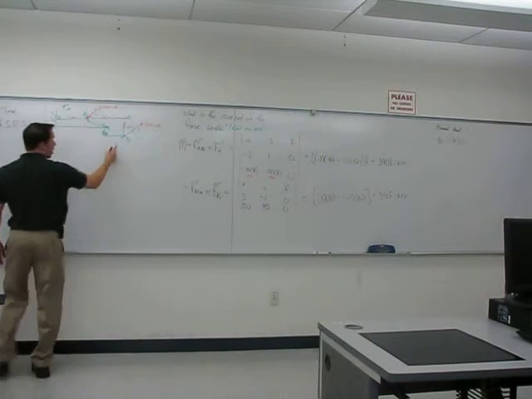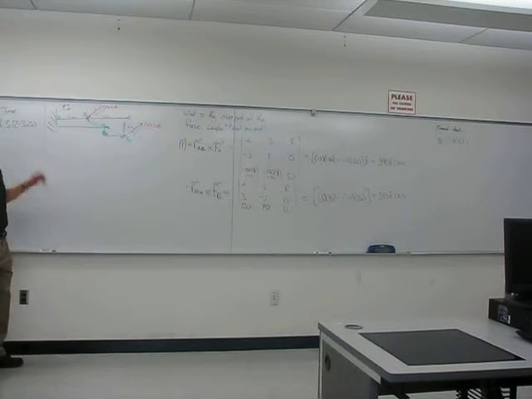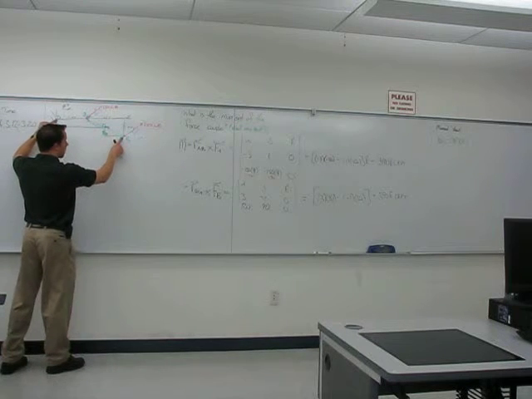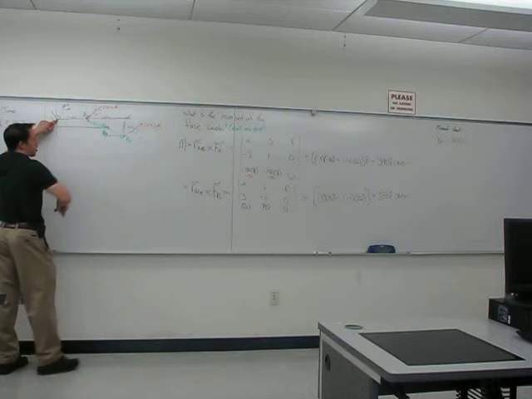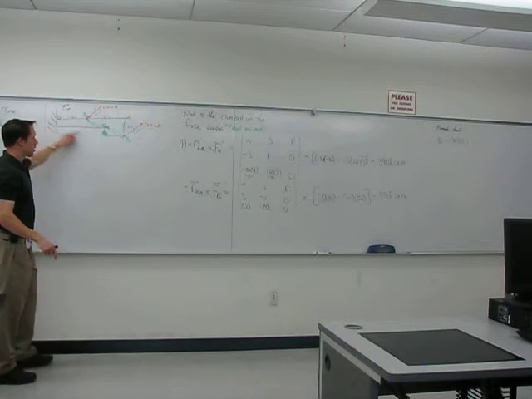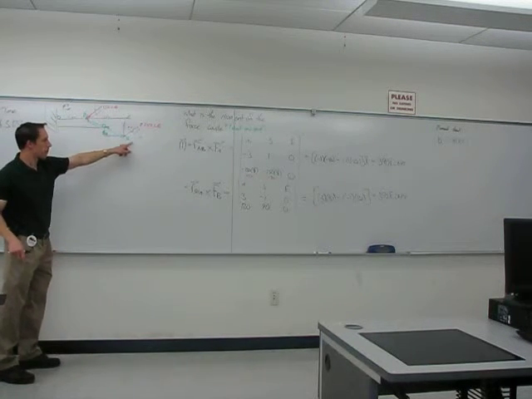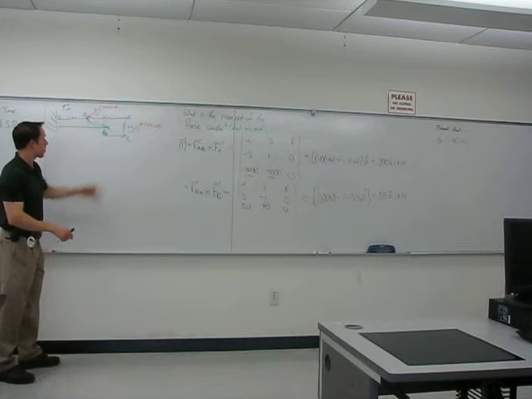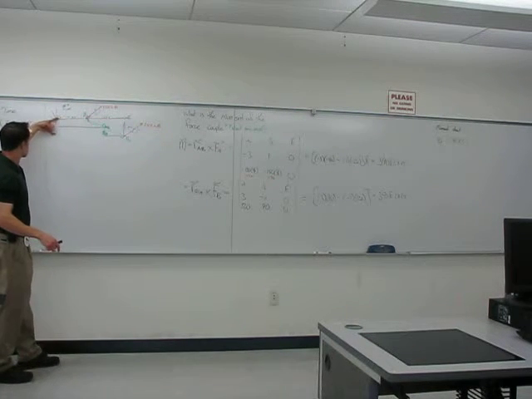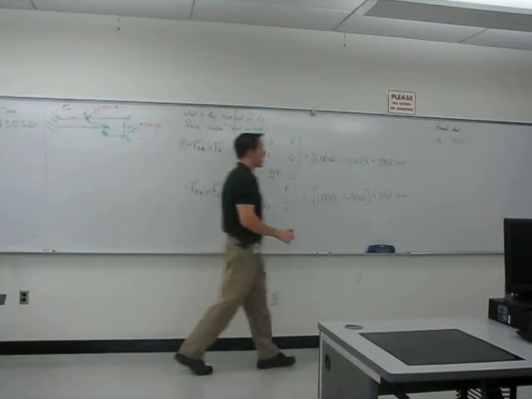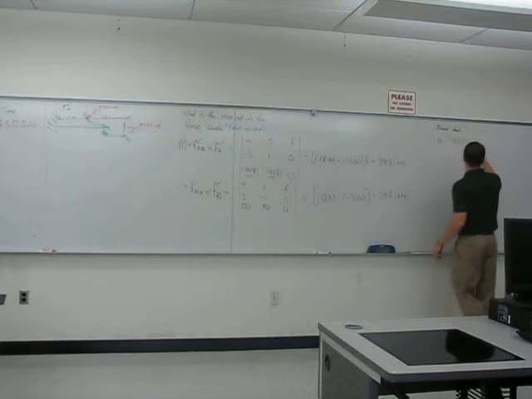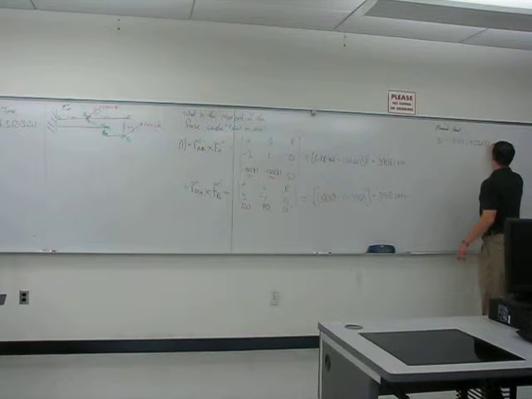Now I have to take the moment of the other force around the point D as well, because the force couple means both forces have to be considered. So the horizontal component here, if I hold the point D fixed and I pull out this way, that's going to generate counterclockwise, so it's going to be a positive term. The horizontal component had a magnitude of 120, and the perpendicular distance from the line of action to the point D is 1 foot. So it's going to be positive 120 times 1.